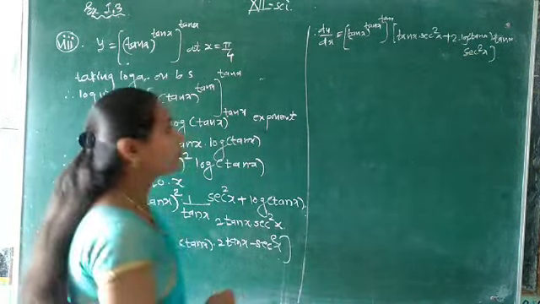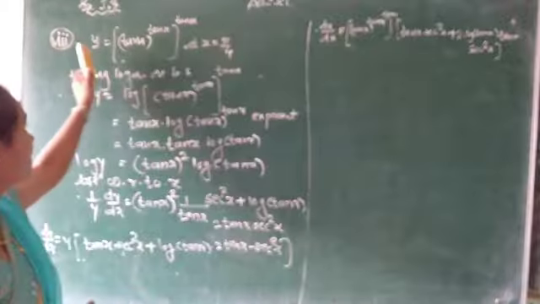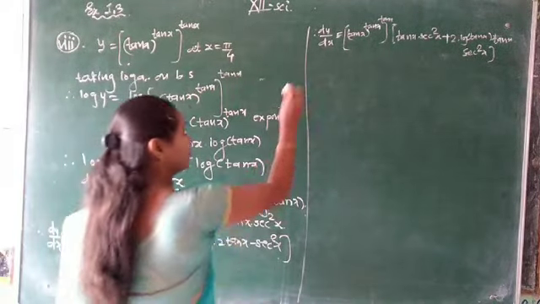But this is dy upon dx, and we have to find the value of dy by dx at x is equal to pi by 4.